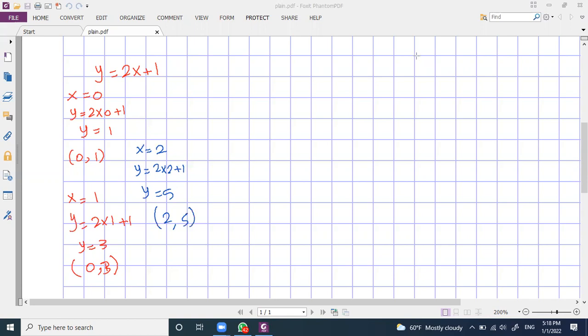Then how can we graph on the xy coordinate plane?